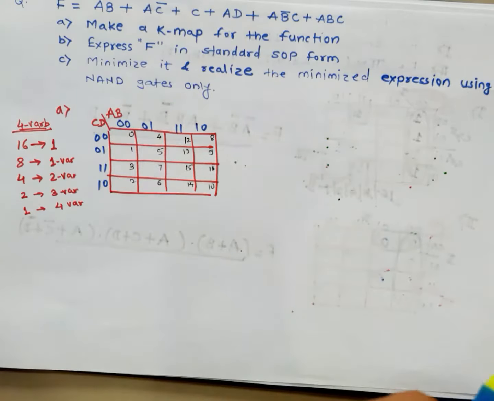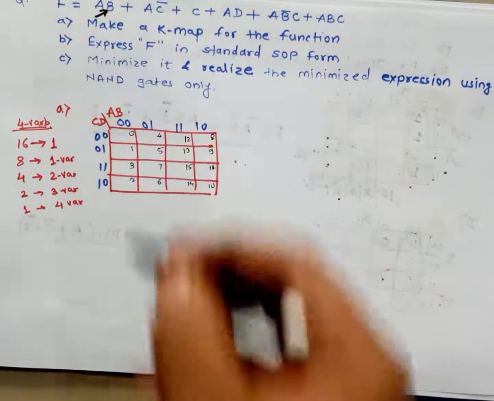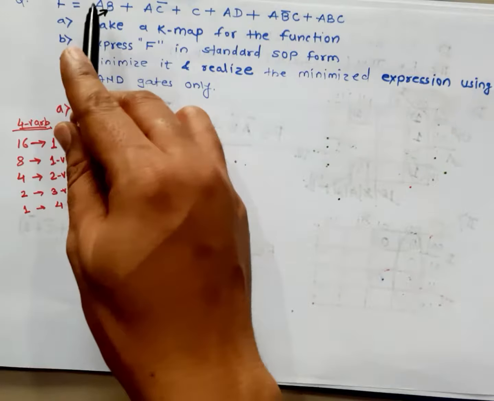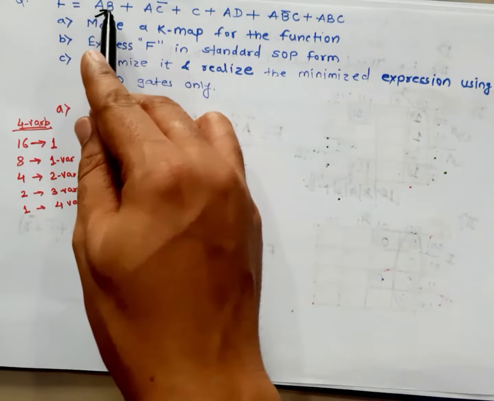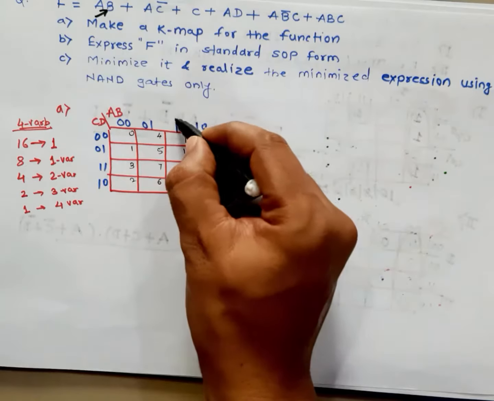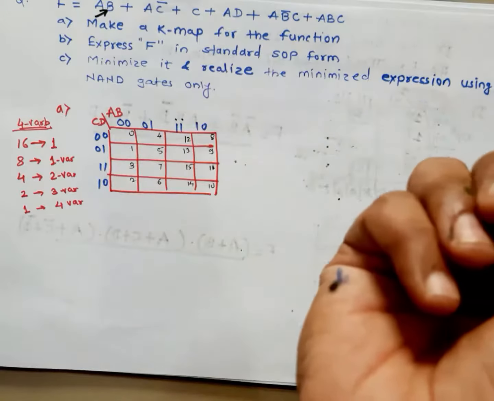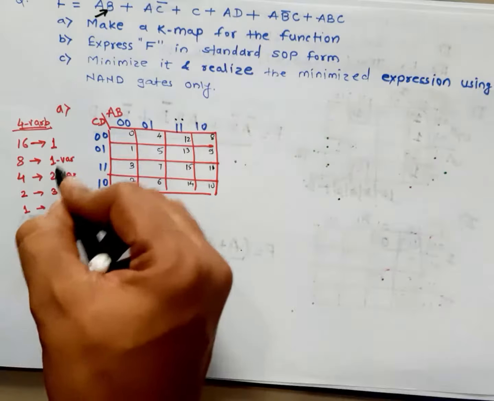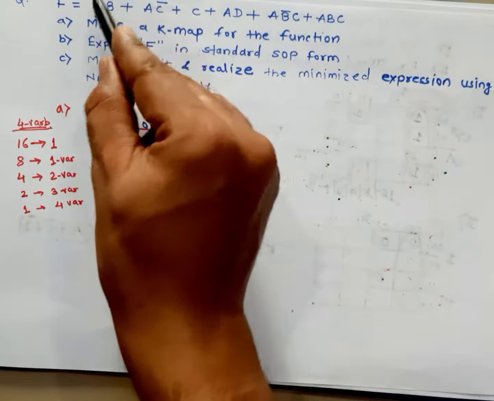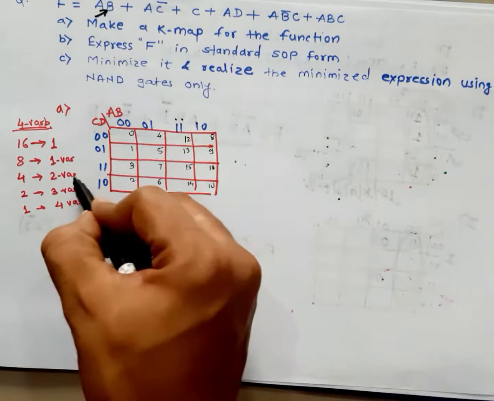Now first consider the first term, AB. In an SOP function, the value of A and B is 1 1. How many variables are in this term? Only 2 variables.